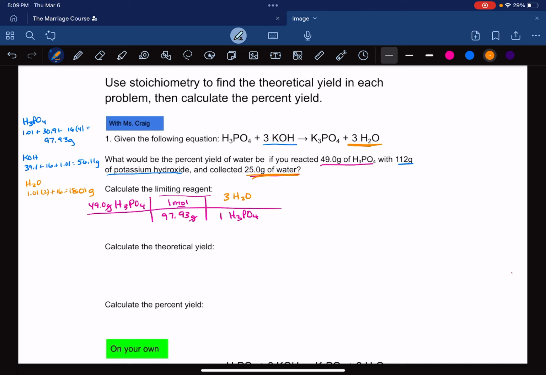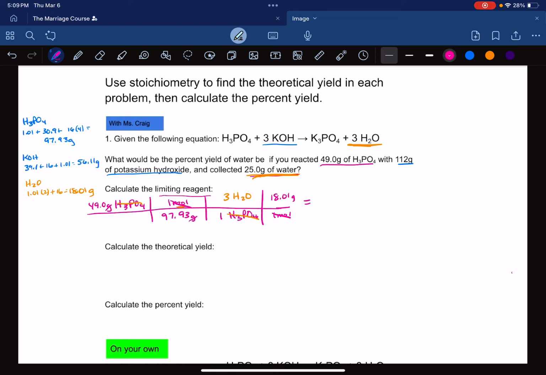Okay, and so now that cancels out the phosphoric acid, and it leaves me with moles of water. Now the question is in grams of water, so we're going to go one more step. And we're going to put the molar mass of water here over 1 mole. So that cancels my moles and leaves me with grams.